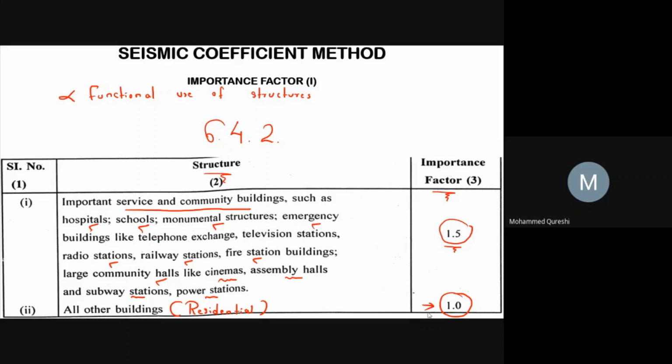In the examples you will be told what type of building it is, and according to the building you have to consider the value of importance factor.